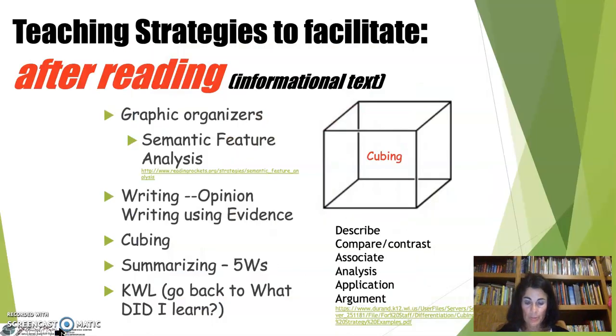Now, helping our readers deepen their understanding of informational text might also include graphic organizers as teaching strategies, like through the use of a semantic feature analysis chart or a cubing activity. Notice the links for these types of activities if you want to use them. As a teacher, you might want to ask your students to write an opinion paper, citing evidence from the text.